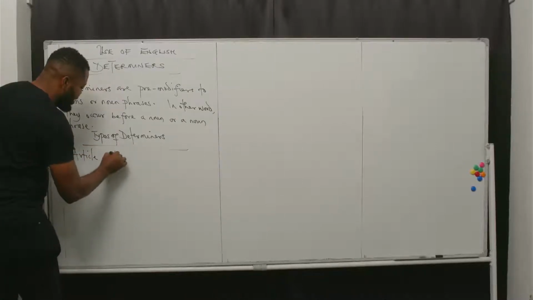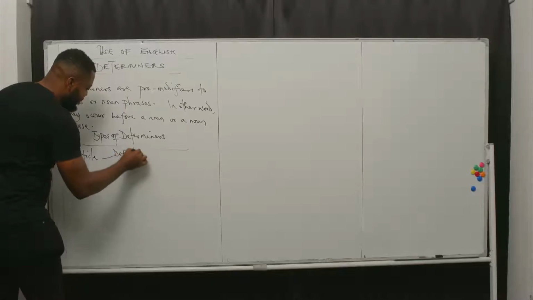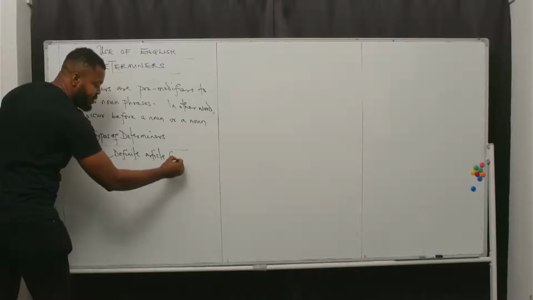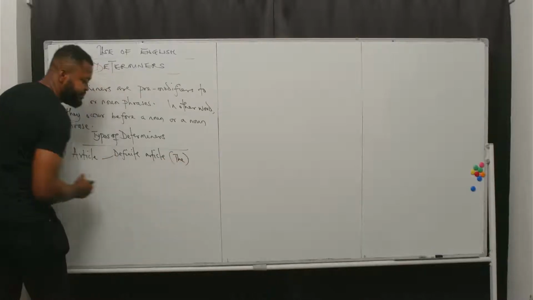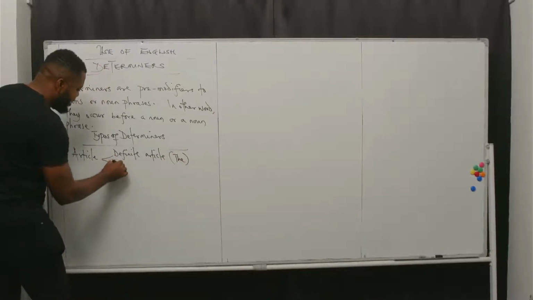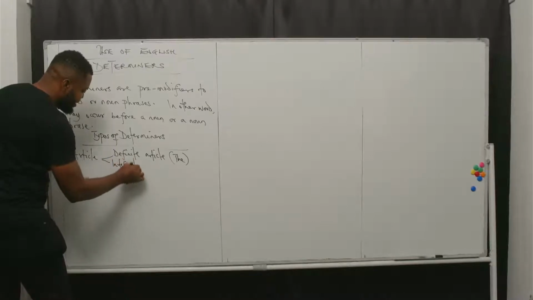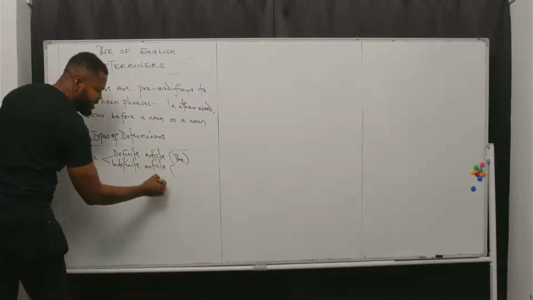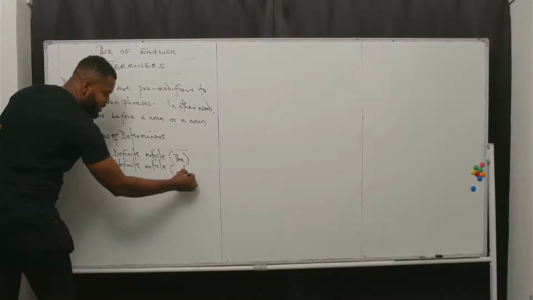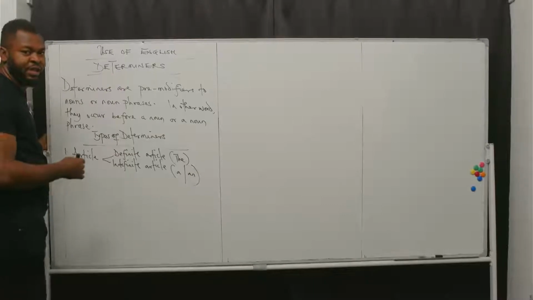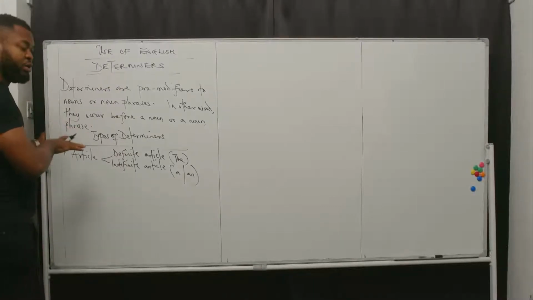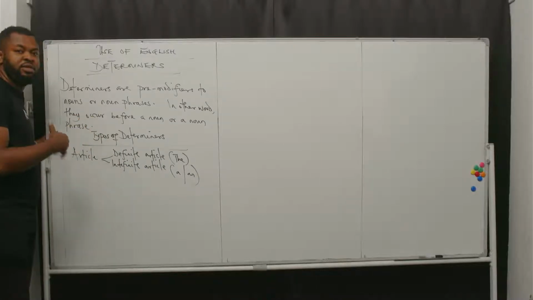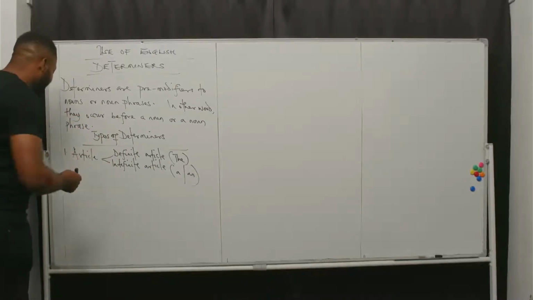So here we have the definite article, which is otherwise known as the article THE. And then we also have the indefinite article, known as the article A or the article AN. I hope this is clear to you. We're going to be looking at the explanation of these articles as time goes on.